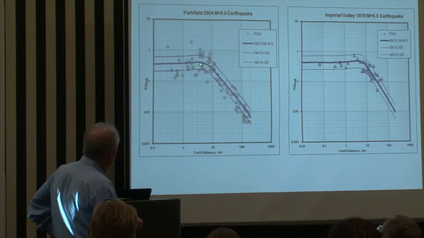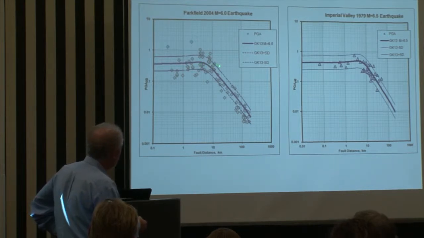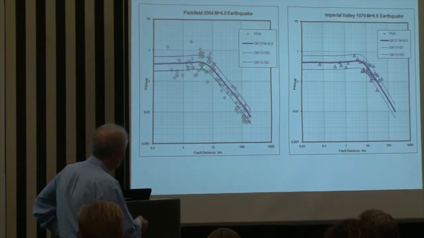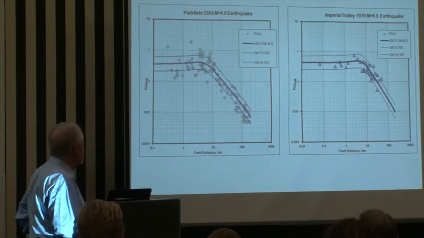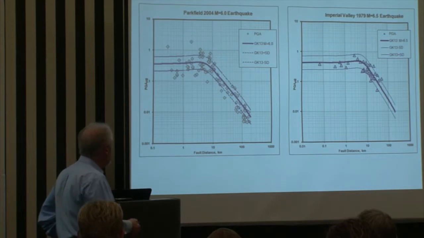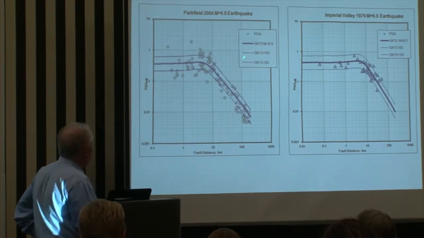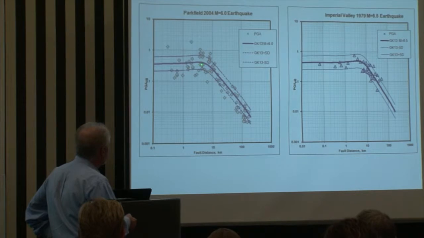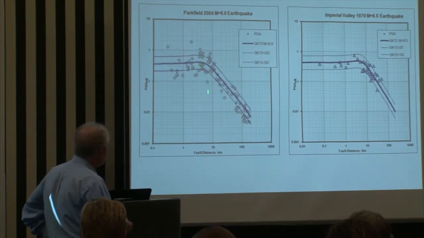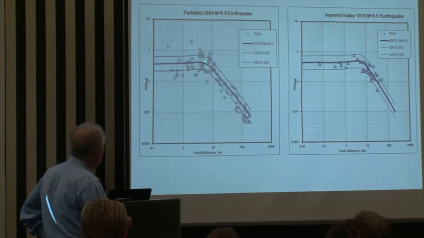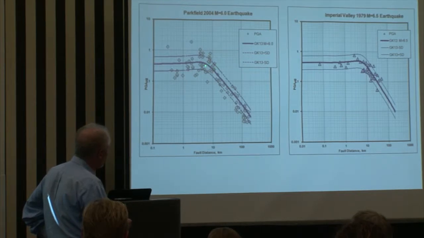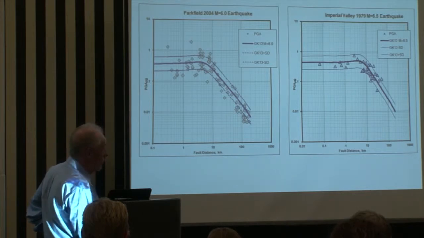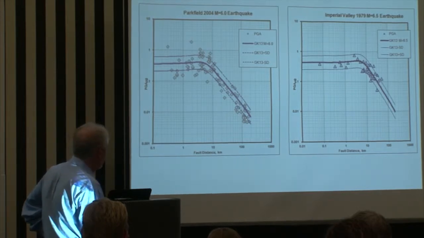Basically, the bigger the magnitude, the farther the corner distance, which is another difference in our model. We try to be as physical as possible. This is why this flat area is proportional to magnitude. And the larger the magnitude, the farther this corner distance or slope. Now, these are two well-recorded earthquakes, Imperial Valley and Parkfield.